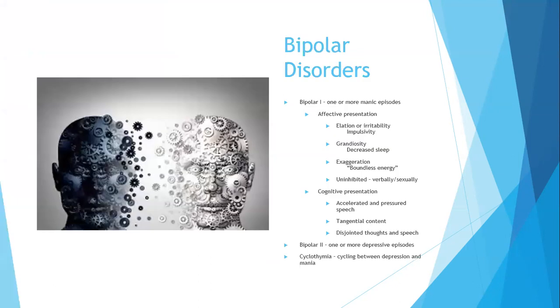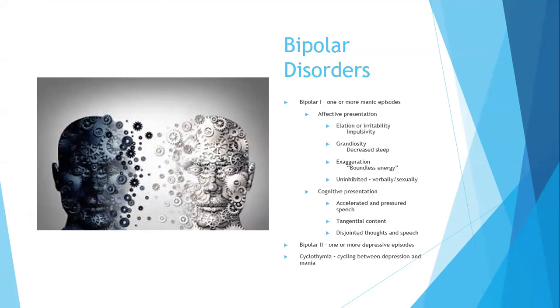Bipolar disorder, they're different. So the classic presentation, they used to call it manic depression, and that's the cyclothymia, cycling between depression and mania. Now they have different categorizations, bipolar 1, bipolar 2, and cyclothymia.